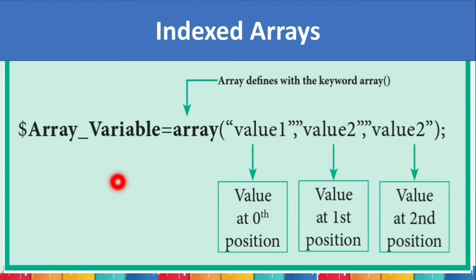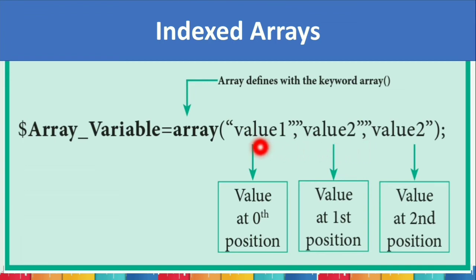Let me tell you how to write the indexed array. First you have to give the array variable name. Mention a name here, and then after the equal to sign we use the keyword array. Open and close brackets are compulsory. In between you can write the values, and each value should be separated by a comma.